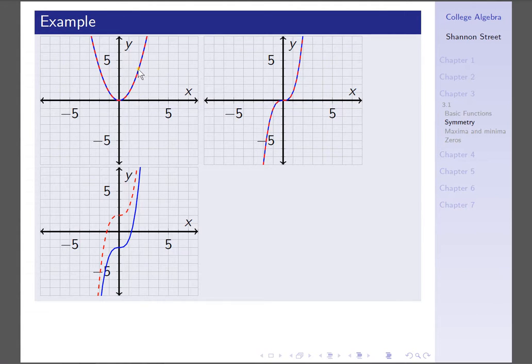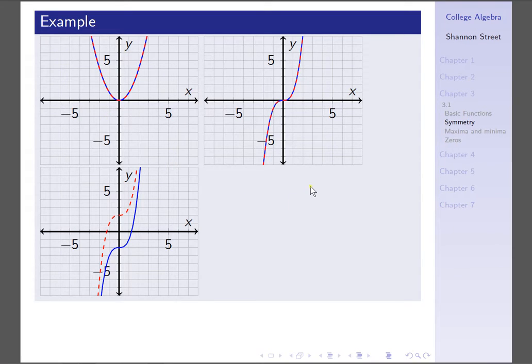So 2, 4 and negative 2, 4, both lying at the same height, exactly the same distance from the y-axis. So that is algebraically how we're going to prove when functions are even. If we plug in negative x and we get the same thing as when we plug in x, then this is an even function.